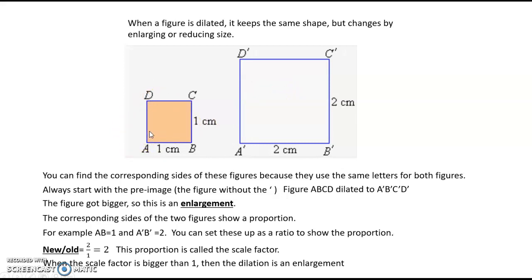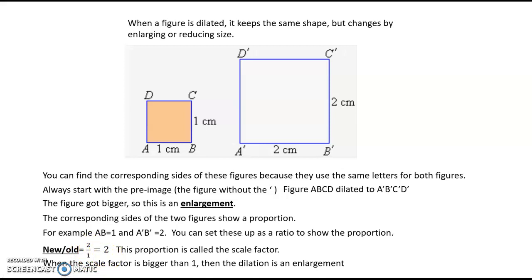We can see that AB is equal to 1, A prime, B prime is equal to 2. Set these up as a ratio to show the proportion, and when you're working with dilations, you always put new over old. So the new line segment is 2, the old one is 1, and we know that 2 divided by 1 is equal to 2.